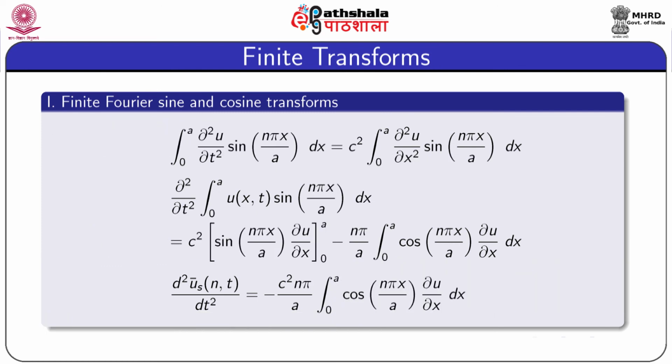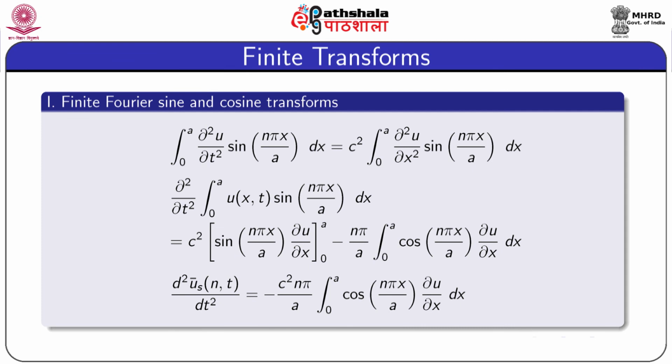Again we take the Fourier transform of the given equation. For that we multiply both sides of the equation by sin n pi x by a, then we integrate over x from 0 to a and we obtain the relation which you can see in this slide.